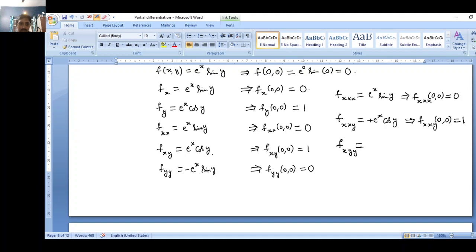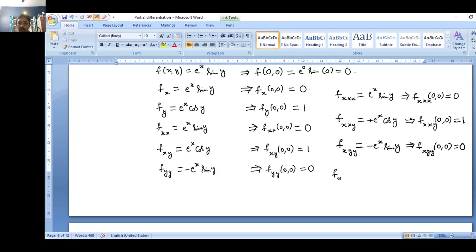When you differentiate this with respect to y, that will give me minus e power x sin y, right? So correspondingly fxyy is going to give me 0, because we still have a sine term in this problem.